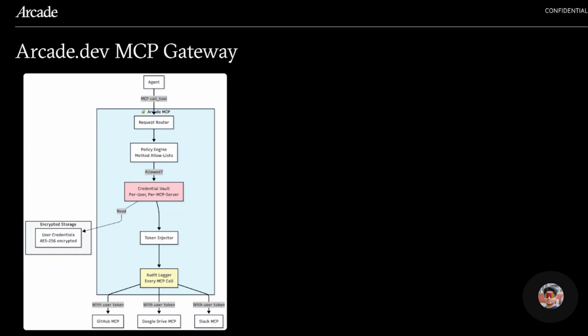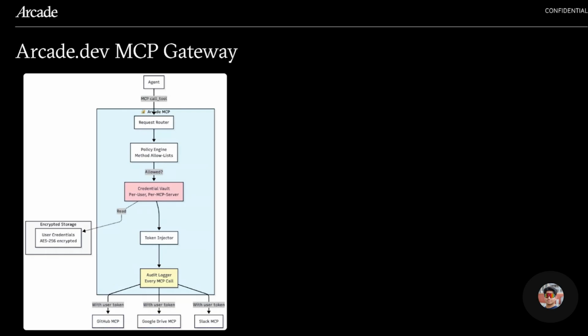It's able to apply policy. It's able to check for user credentials. And then once it is verified that the user is authorized to take such an action, it will take care of calling that tool and injecting during runtime the user token so that the tool can be invoked.